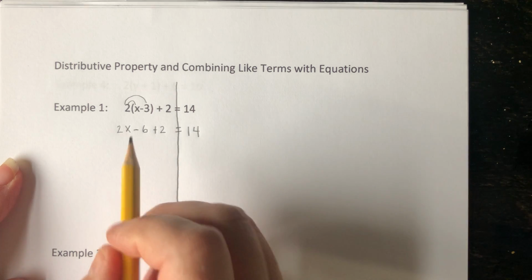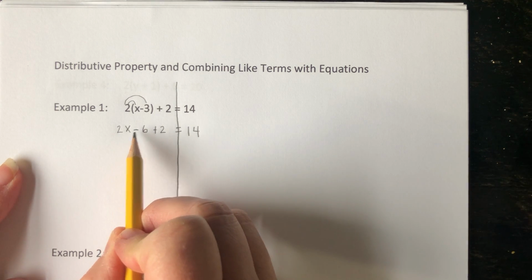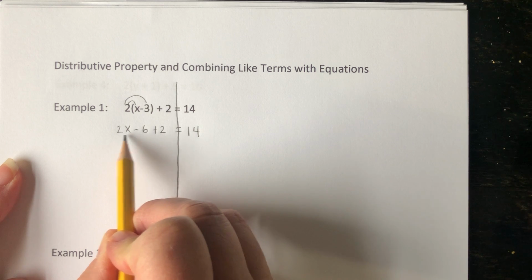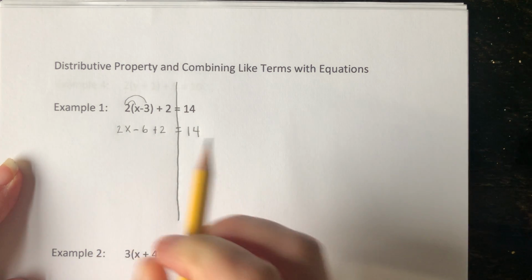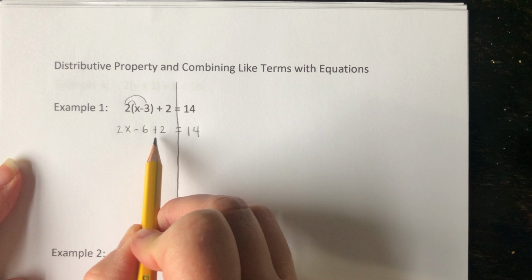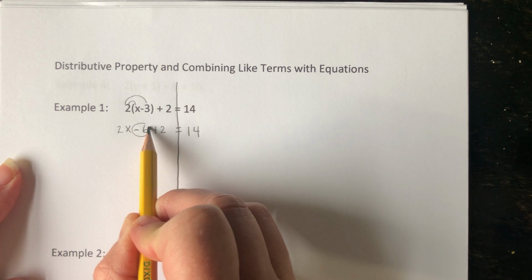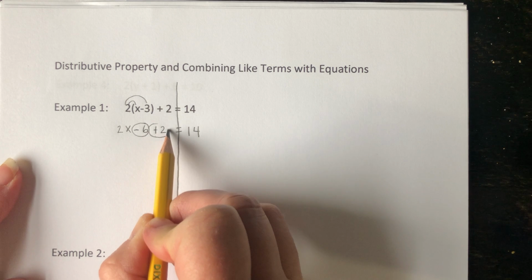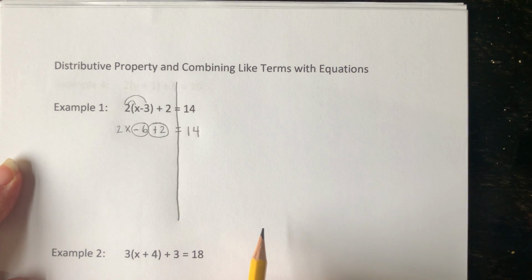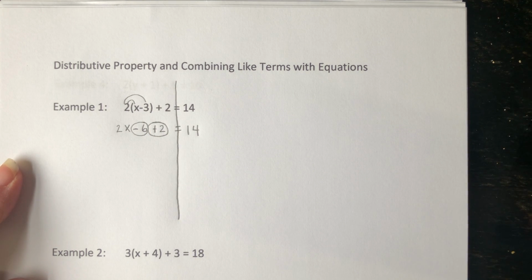Okay? So right now I have 2x on my left side. I don't really have any other x's on this side to combine with, but I do have this minus 6 and this plus 2. Both just numbers. We consider numbers by themselves constants that we can combine. Now you're not going to see many of these, but I did want to show you one example.